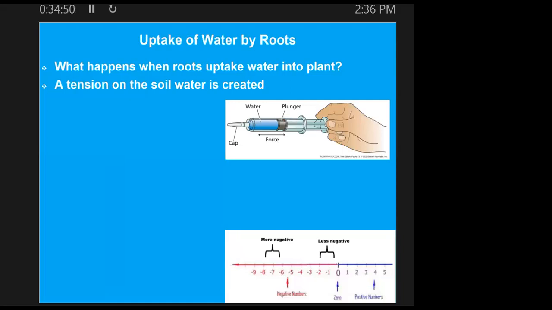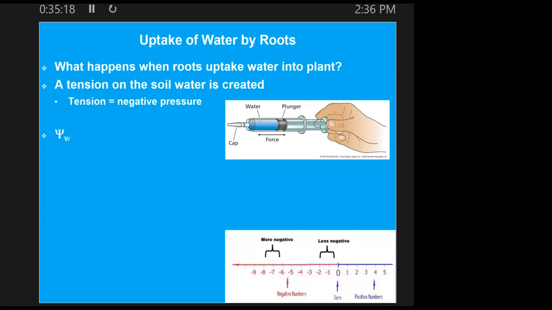Sometimes this analogy helps. If you put water into the barrel of the syringe and then pull back on the plunger, that's a tension force. You're creating a tension force by sucking on that water with the plunger. If you look up the definition of tension, it's actually negative pressure. That's what tension is. It's negative pressure.